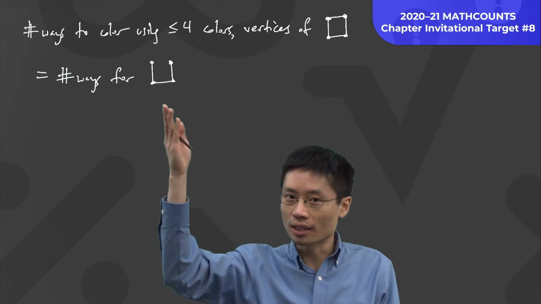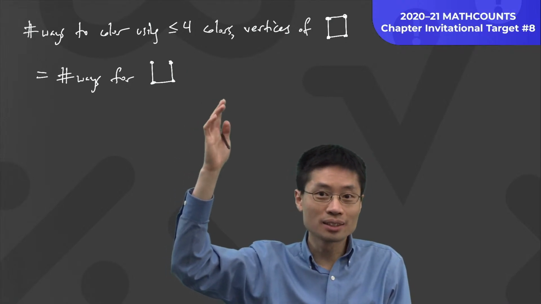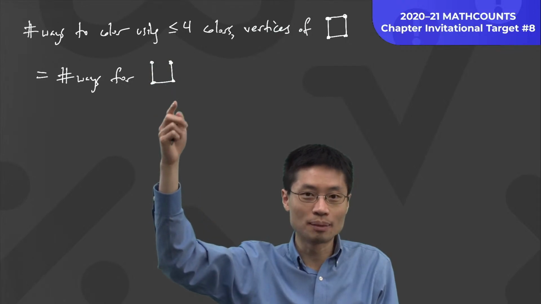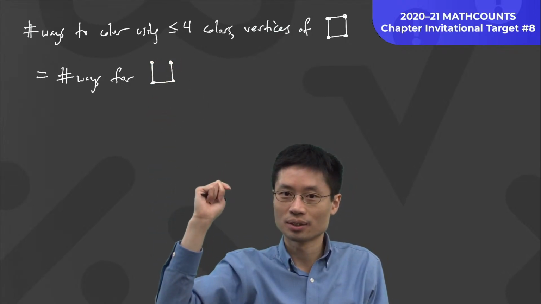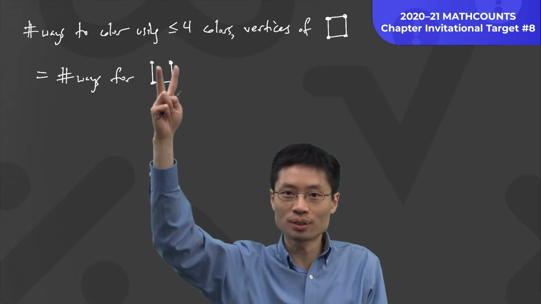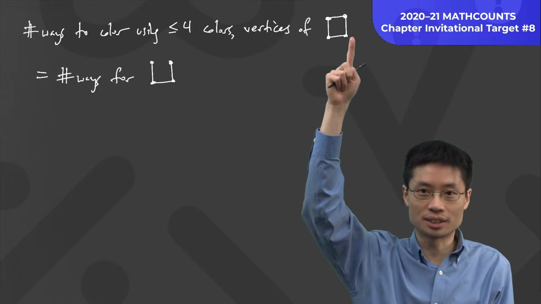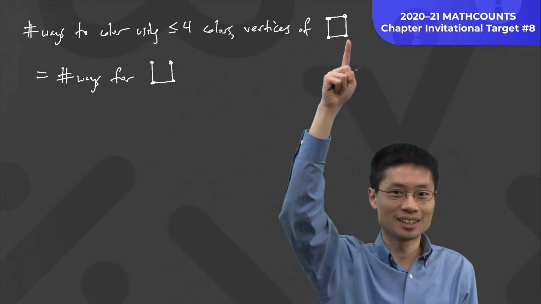Why is it not the same if I open the top? It's because when coloring this guy where you open the top, you could accidentally have made both of the top the same color. That'd be bad. If you made both of them the same color, that's a legit way for here, but it is totally not a legit way for there. Does that make sense?